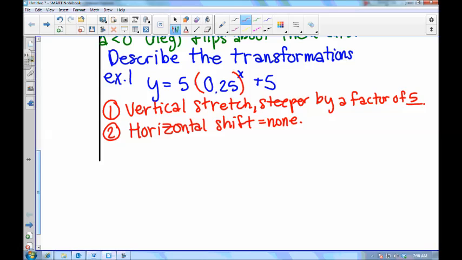Now, if there was actually a number there, say +2, it would take 4 words to describe it. If it said +2, we would say horizontal shift, and it says plus. Which way does that go for horizontal? Yeah, left 2. So it takes 4 words to describe it. Horizontal shift left 2. But here we don't have a shift, so we just write none.